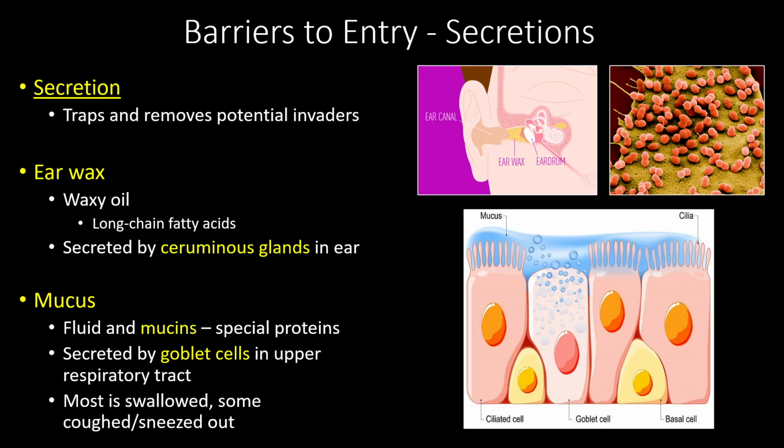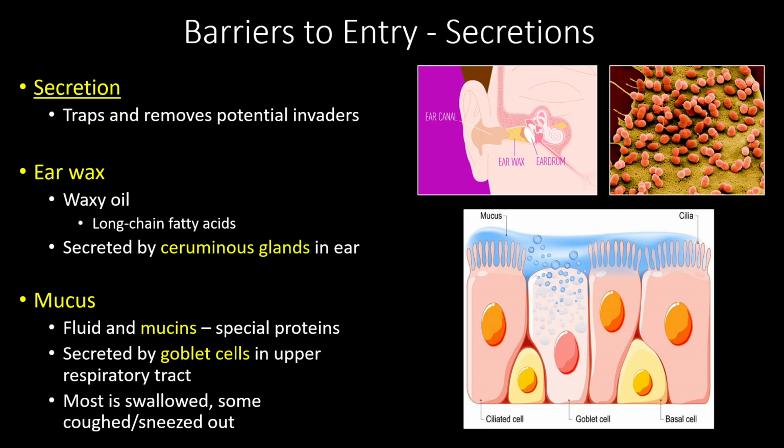Mucus is a combination of fluid, just like water, and mucins, which are special proteins that give the mucus that snotty texture. That texture is important because it's gelatinous, and there are not a lot of things that can easily swim through that medium, so it can be a barrier to some bacteria, for example, that might get stuck in the mucus.